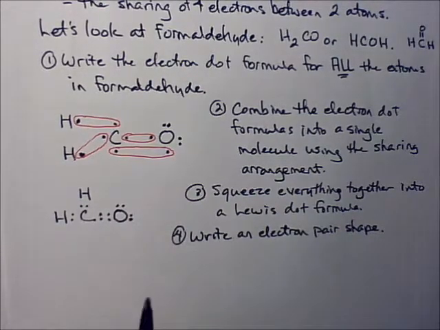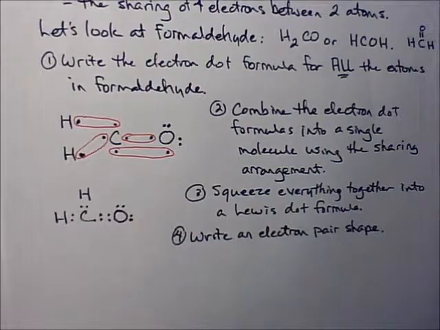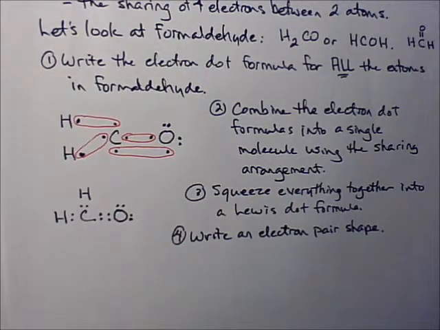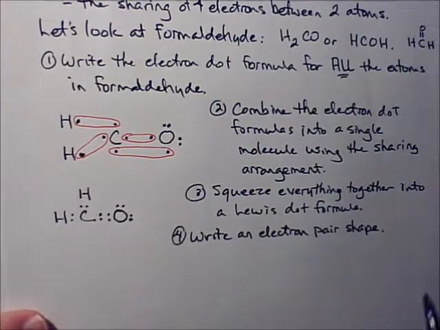We're going to get the three-dimensional shape that moves the sets of electrons as far apart as we can possibly get them in three-dimensional space. And remember, a set of electrons is all the electrons shared between two atoms.